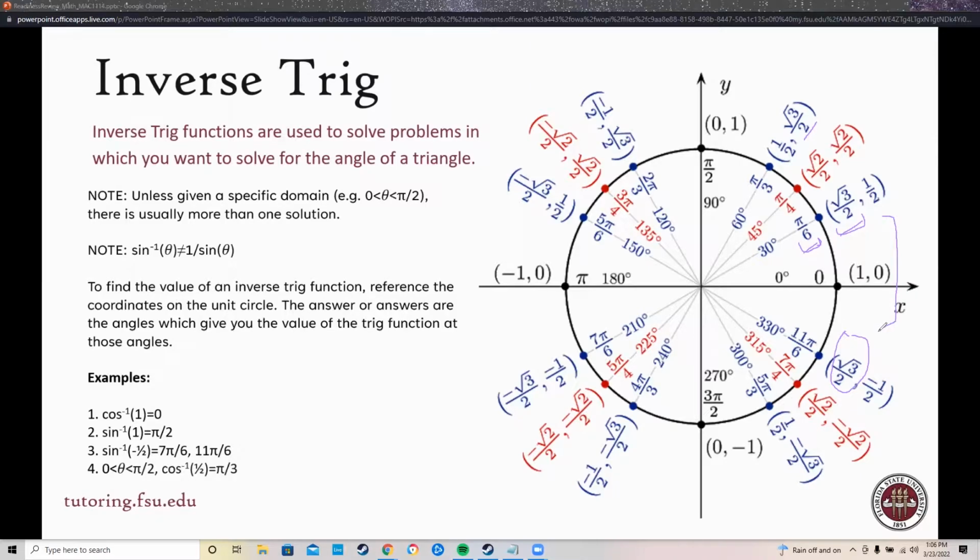However, if they said within quadrant 1 or within quadrant 4, then that narrows down these two answers to being just pi over 6 or just 11 pi over 6. So you have to often be careful if your question is particular about what quadrant or what region your answer lies in. Other than that, you would have to write down every answer that satisfies this condition.